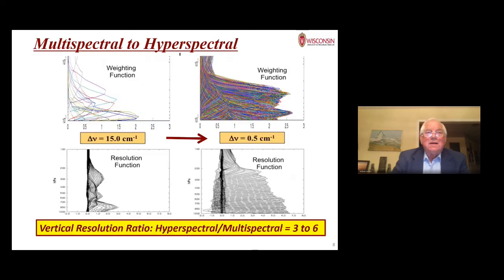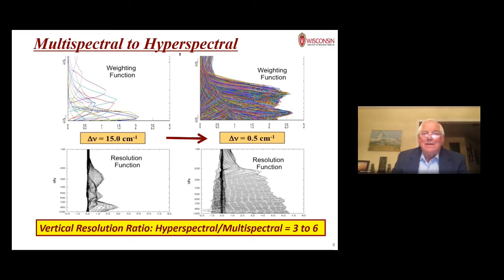And so if you just look at the multispectral instruments like we used to fly, there's a very small number of measurements or vertical weighting functions, whereas the hyperspectral instruments have thousands of spectral measurements.